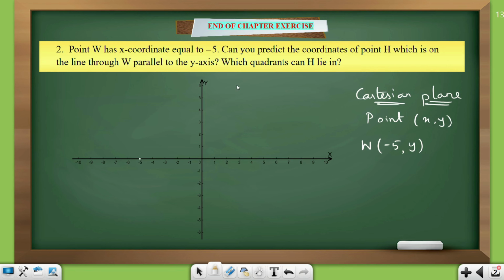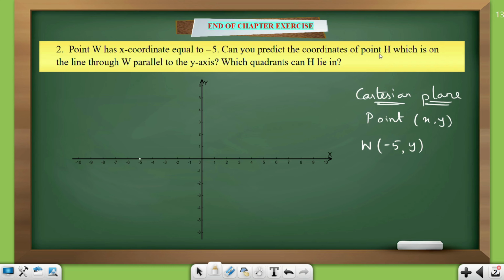Now the question is, can you predict the coordinates of the point H, which is on the line through W parallel to the y-axis? We saw that the point W is located somewhere here or here.